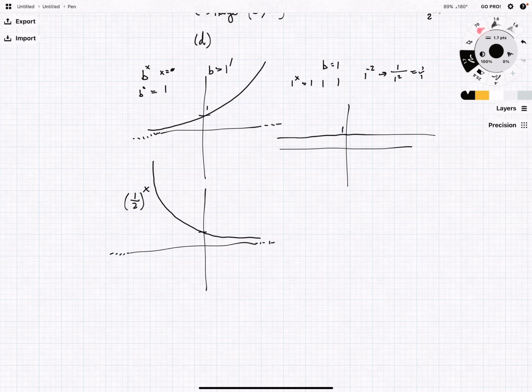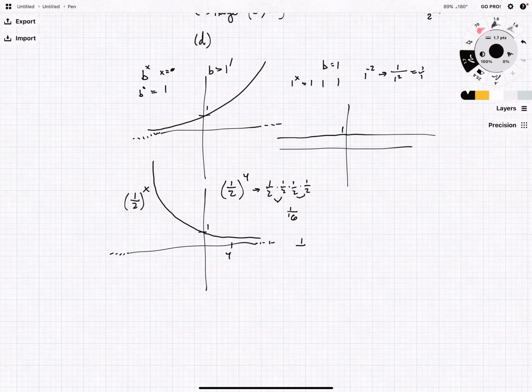It'll still cross the point (0, 1), but it's going to go in the reverse direction. If we try to figure out why that happens, take 1/2 to the 4th power: it's going to be 1/2 times 1/2 times 1/2 times 1/2, so you end up getting 1/16. It gets small very quickly in the positive direction.